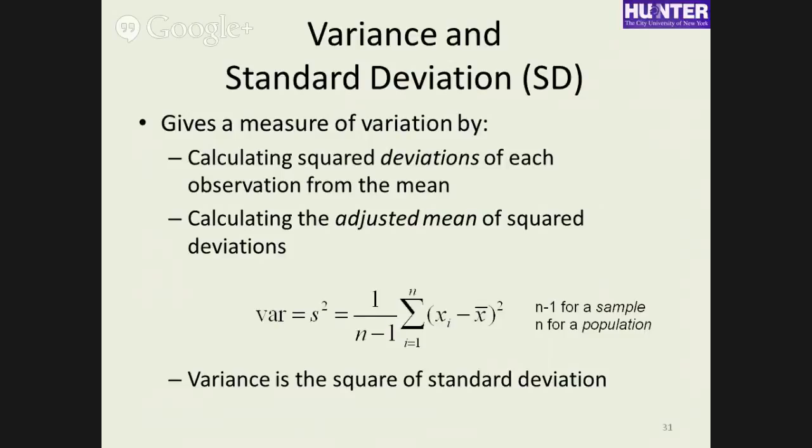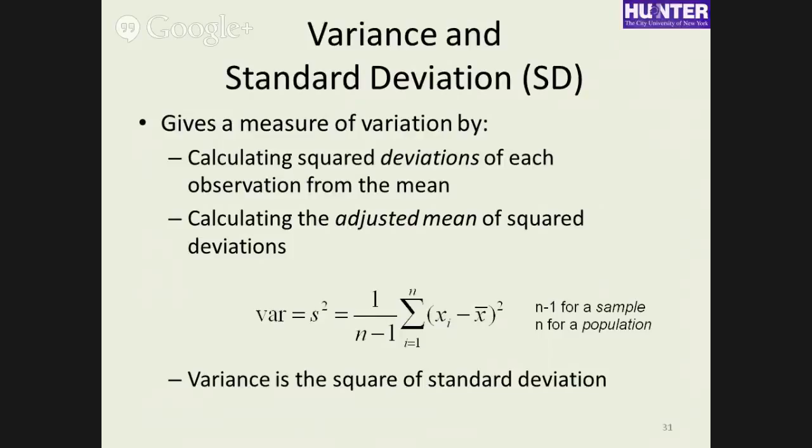So it's not quite an average of the squared differences from the mean, because if it were just an average, you'd divide by n. But it turns out that if you divide by n, you actually underestimate the standard deviation. And I can give you a kind of hand-waving explanation of why that is.